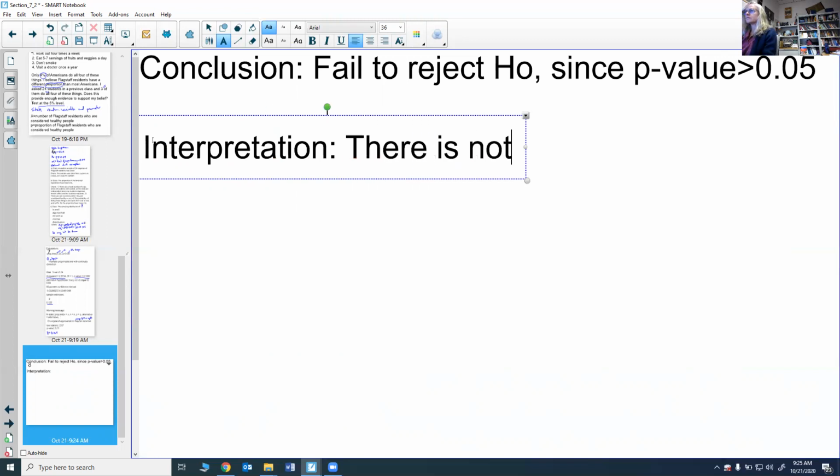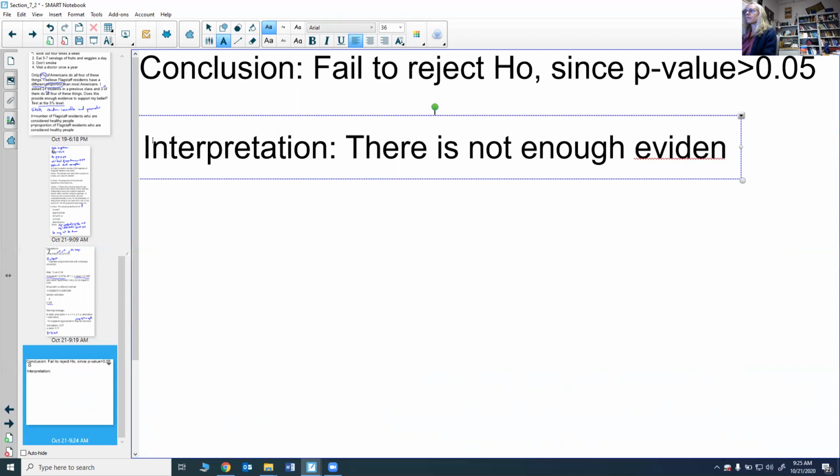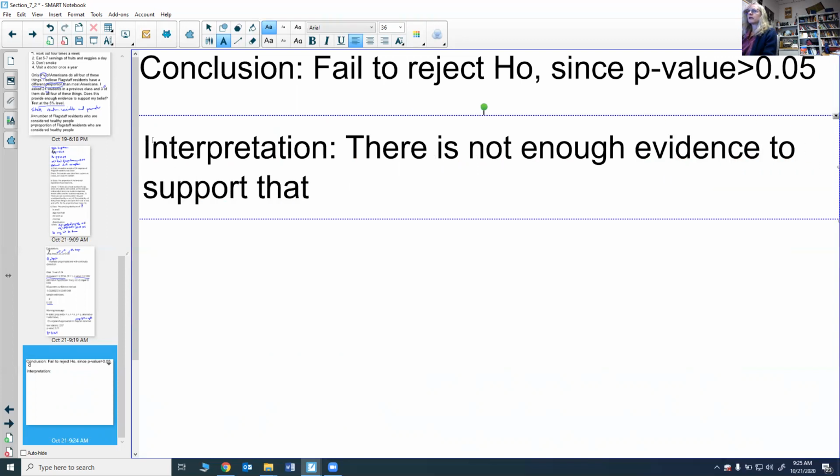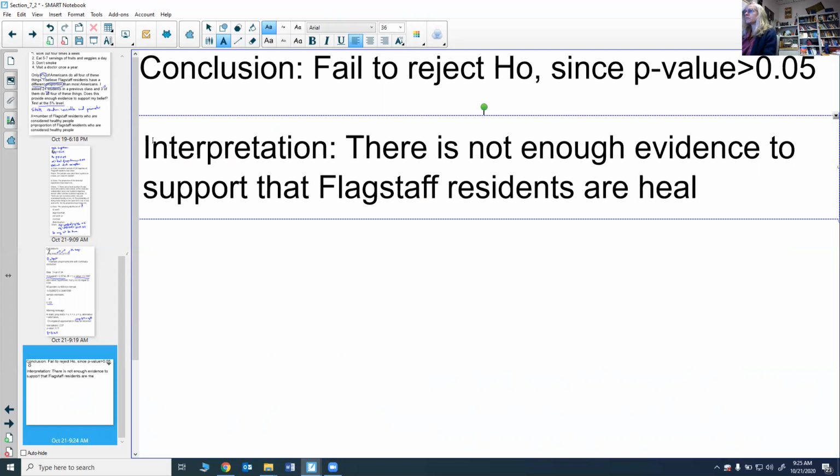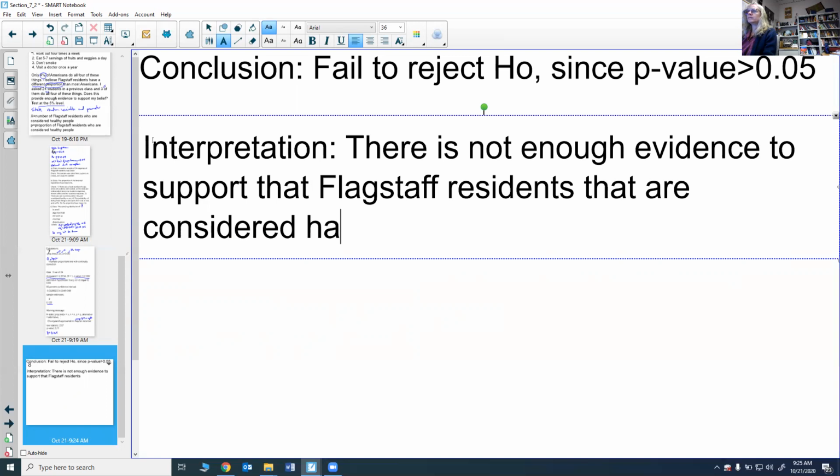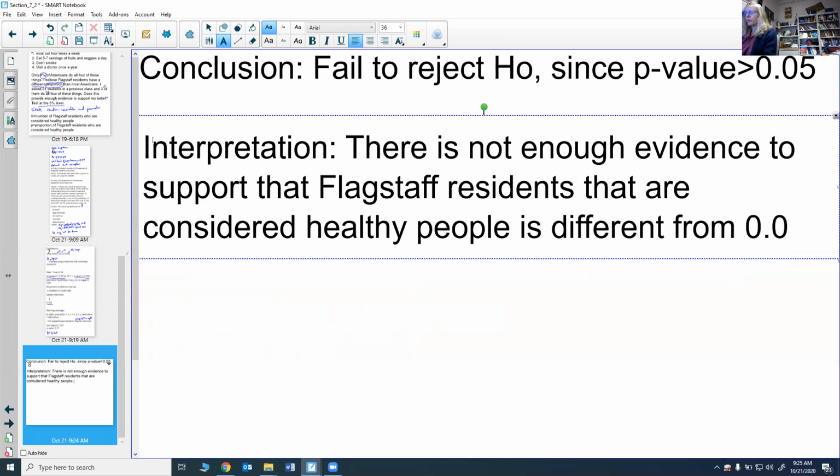There is not enough evidence to support that Flagstaff residents considered healthy people, because they do all four of those things, have a different proportion from 0.04, or 4% if you prefer.